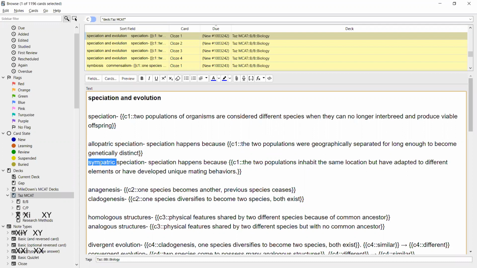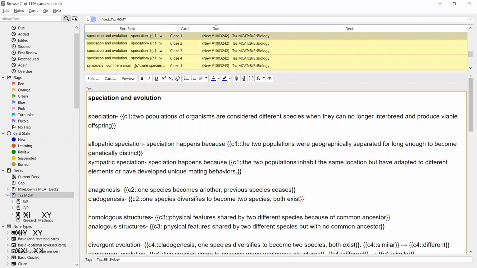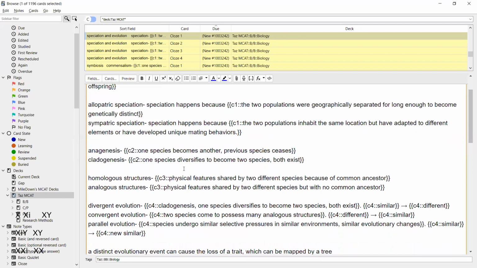And sympatric speciation is that they are in the same environment, but they have adapted differently. So they adapted, like we were saying, nocturnal or diurnal, or maybe their mating rituals and stuff don't align anymore. Those are basically two different ways that they can become speciated.